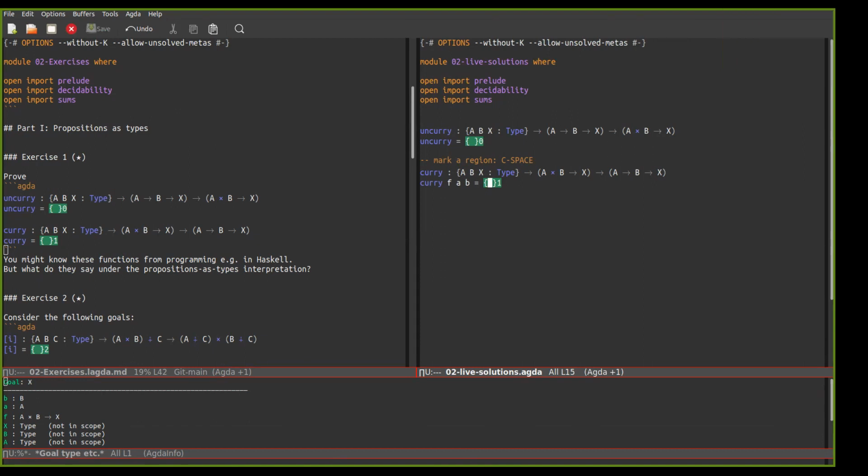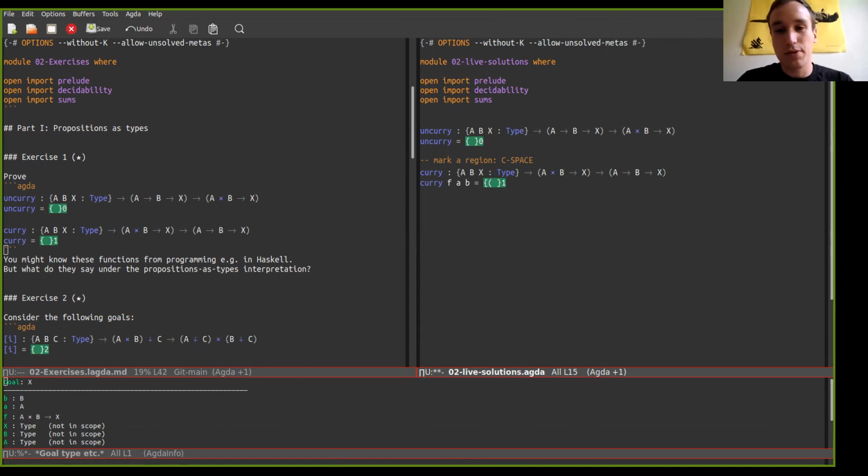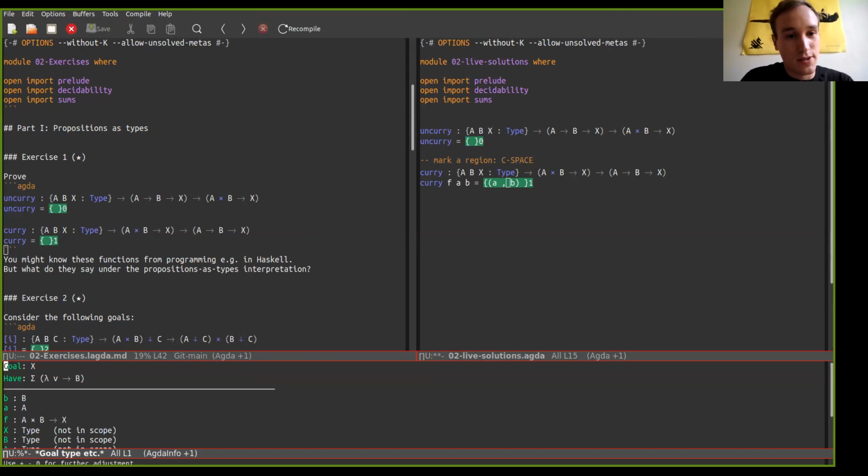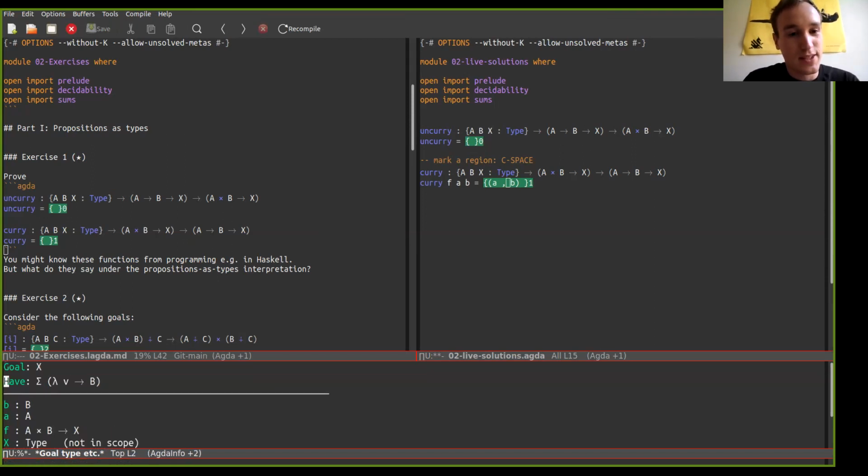So now we construct a tuple of A and B, no? Oh, sorry, f applied to A and B. Yeah, exactly. The tuple of A and B would be something like A, comma, B. And it's important that you have this space here in Agda. It's a whitespace-sensitive language. Now we can press Control C, Control dot, and we can make this bigger as well. So we have something of this type, which with Martin's notation is maybe a bit hard to read because it suppresses the first argument.